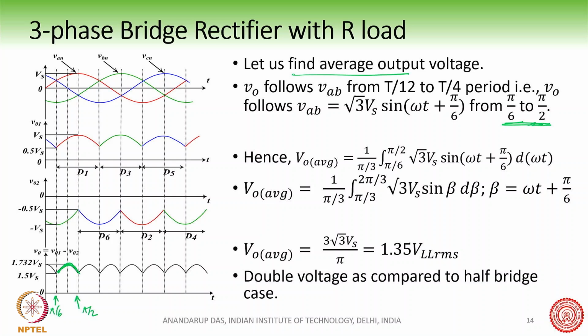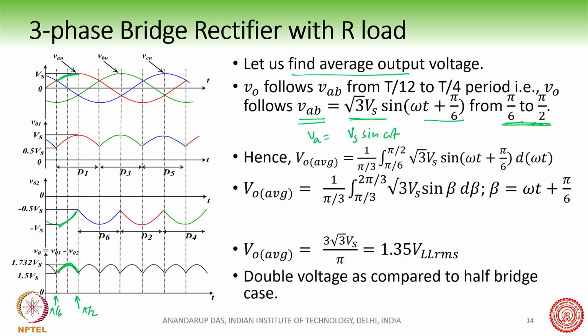Now in this interval, which voltage waveform is being followed? If we go here, you see A is conducting, and here B is conducting. So during this point VAB is conducting. What is the equation of VAB? Assuming VA equal to Vs sine omega t, then VAB will be root 3 Vs sine of omega t plus pi by 6.